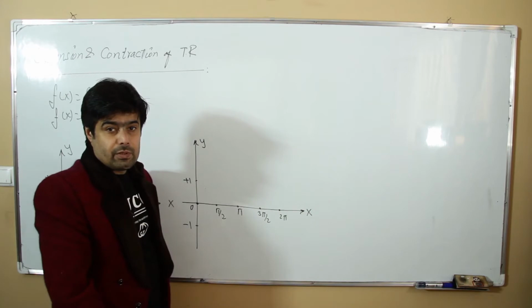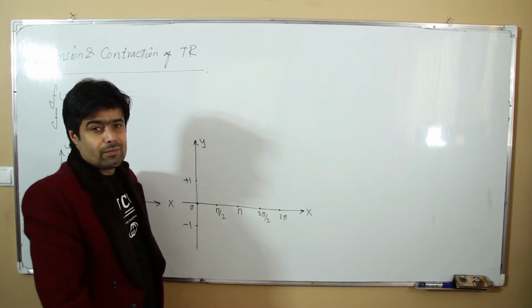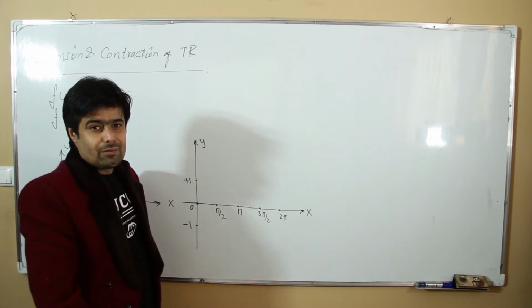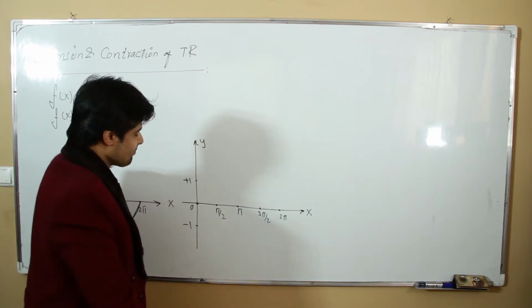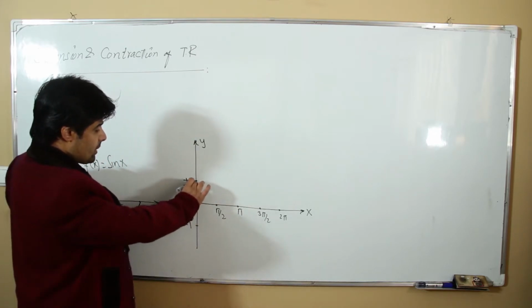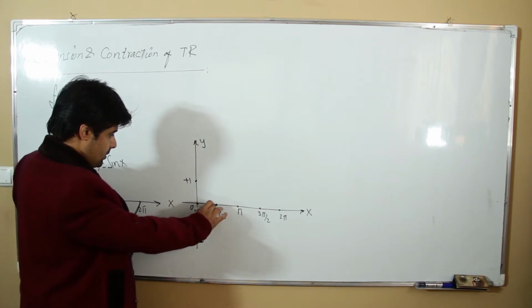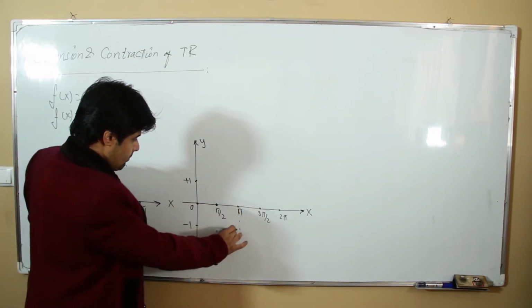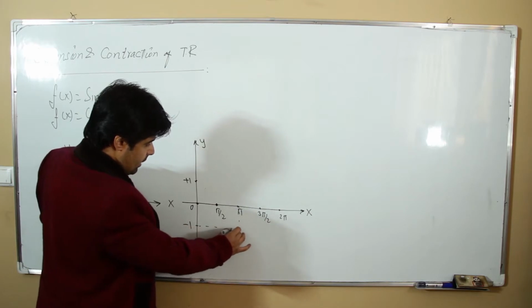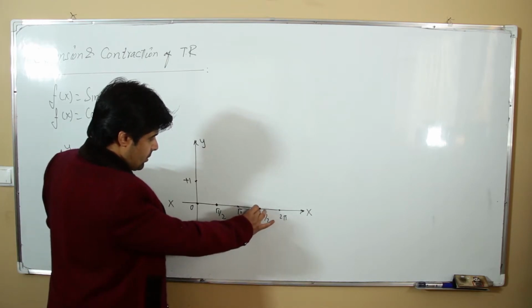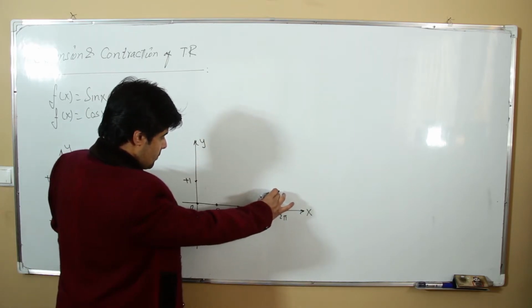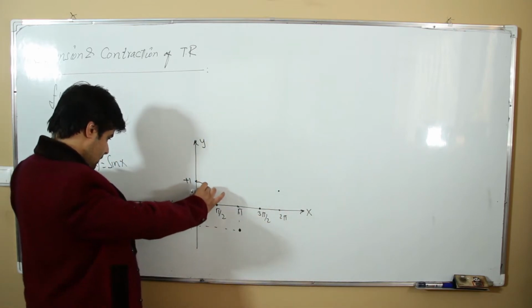The graph of cosine starts from +1, and at pi divided by 2 it is 0. At pi the cosine is -1, at 3 pi by 2 it is 0, and at 2 pi it is +1. So this is our graph.